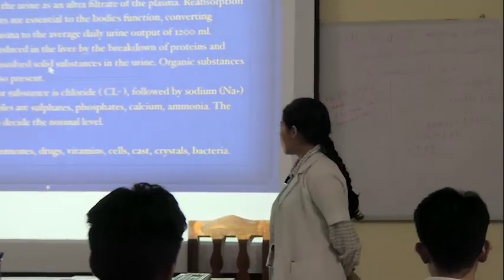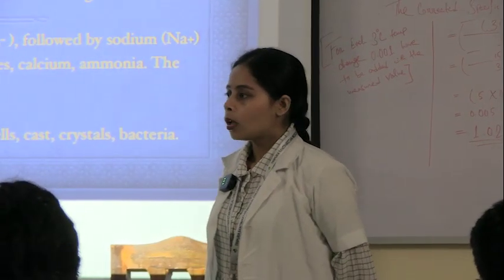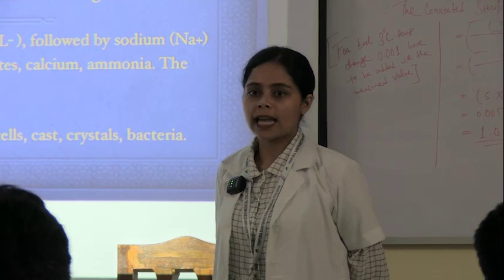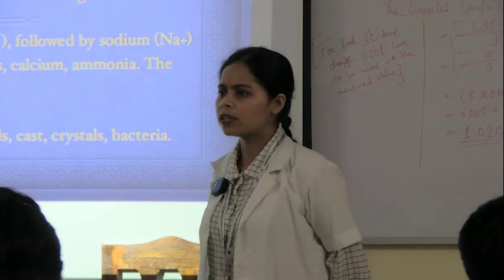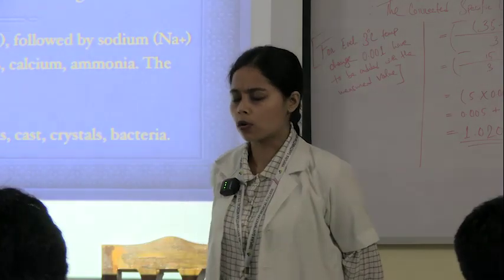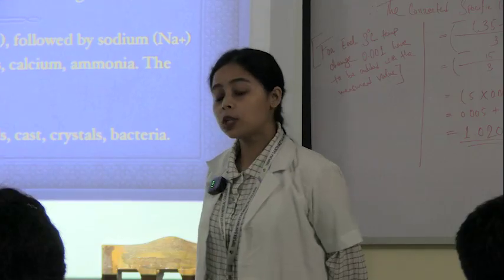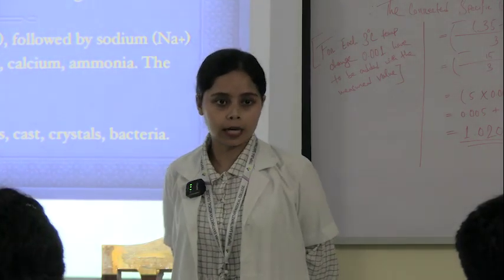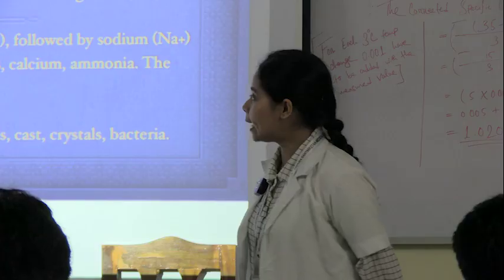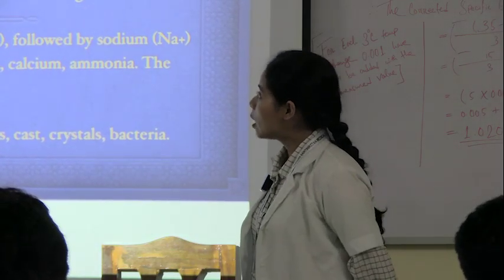Now how can it? Suppose salt, sodium. If somebody has a habit of taking too much salt, right? So when you take that and you go for giving the sample, it will give you a wrong sodium result, right? So that's why your dietary intake can give you a wrong result.